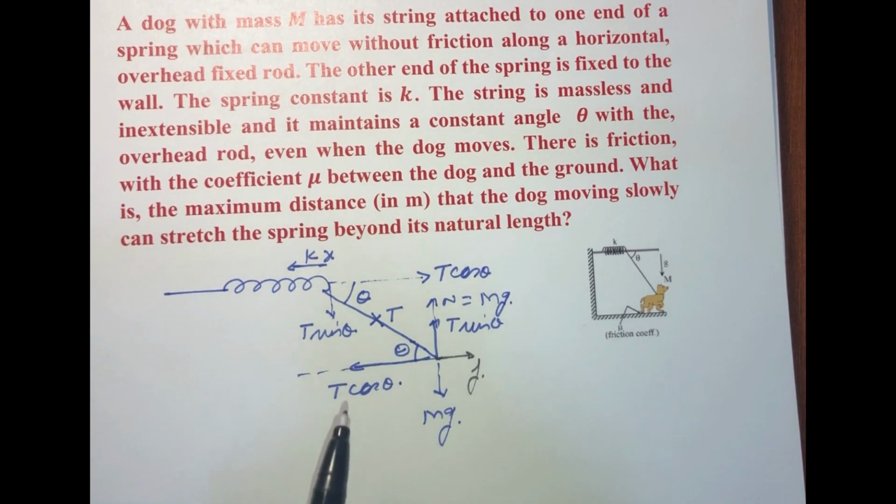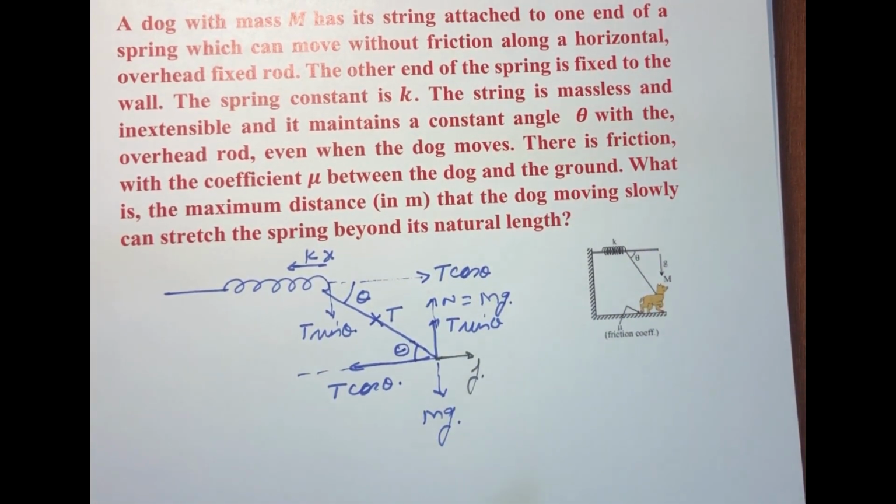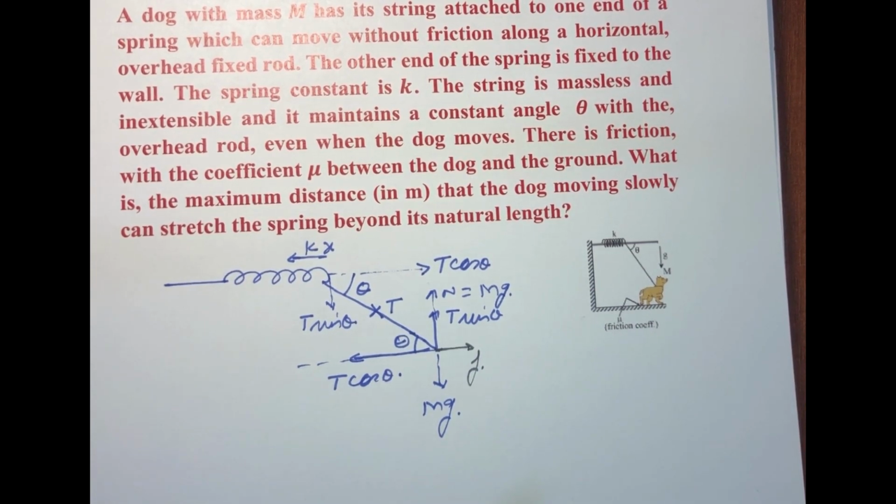Now the important thing is that the dog is moving slowly. If the dog moves slowly, then all the forces will be in balanced form.